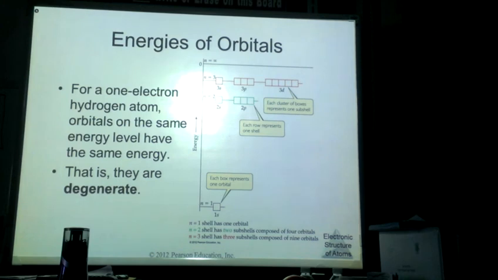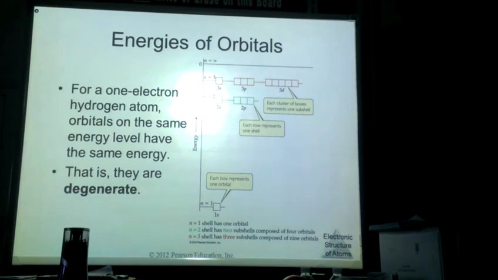In terms of the energies of these orbitals, it's really easy to focus on hydrogen, which is why a lot of scientists will start off with hydrogen, just because it's very simple. For a 1-electron hydrogen atom, the orbitals are all on the same energy level. They all have the same energy. If we have things that have the same energy, in science we call them degenerate, meaning that they're all at the same energy level.